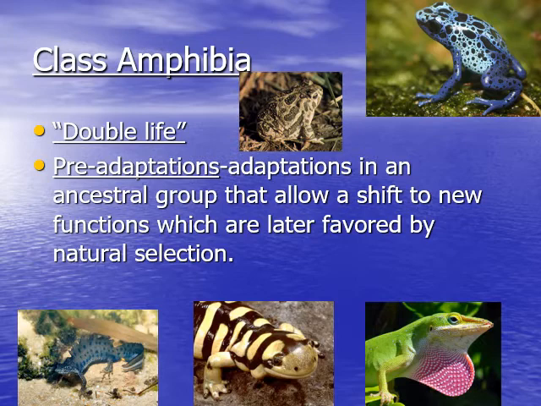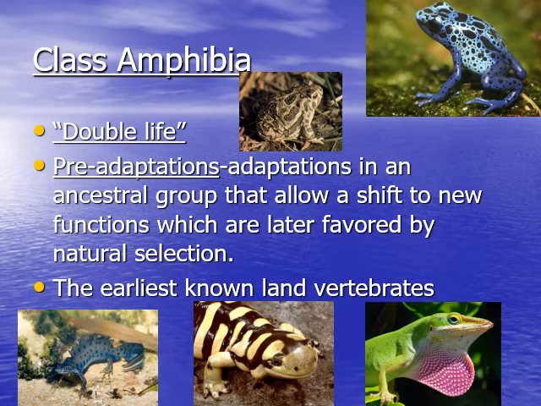These are adaptations in an ancestral group that allow a shift to new functions, which are later favored by natural selection. So we'll talk about a couple things where it looks like there were some adaptations in ancestors to amphibians that allowed amphibians to move on land and live better on land over time.